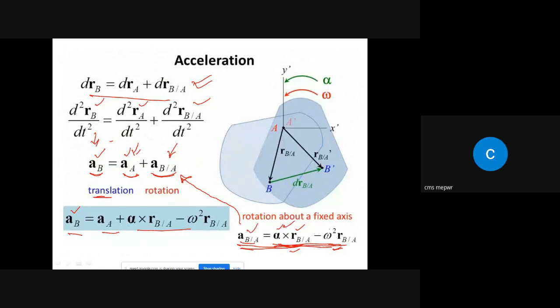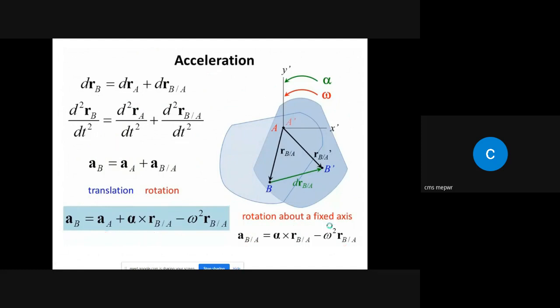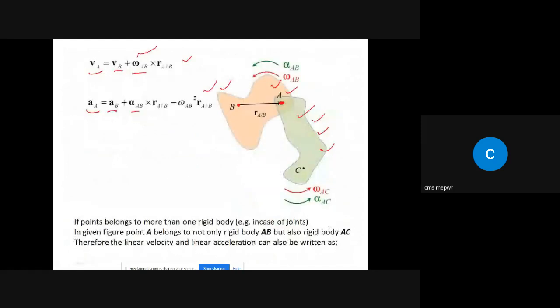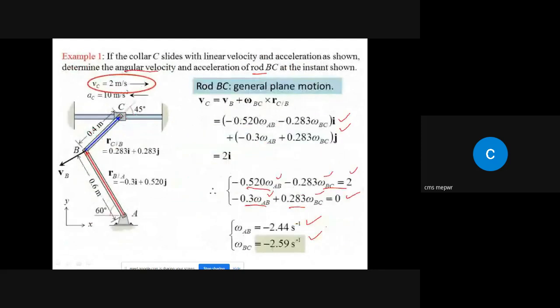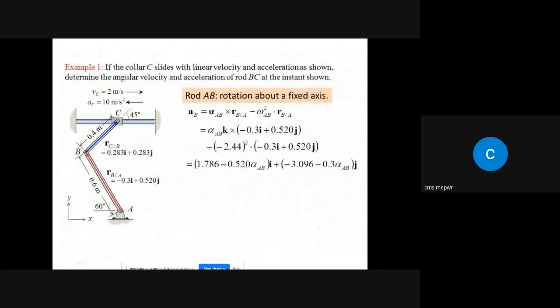The acceleration has tangential and normal components. Okay, so for rod BC, the linear acceleration and its relationship with angular acceleration can be given by this equation, right?